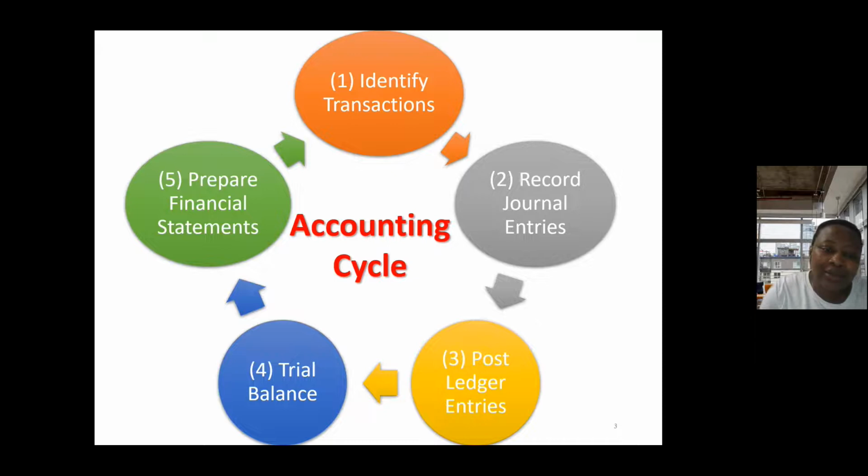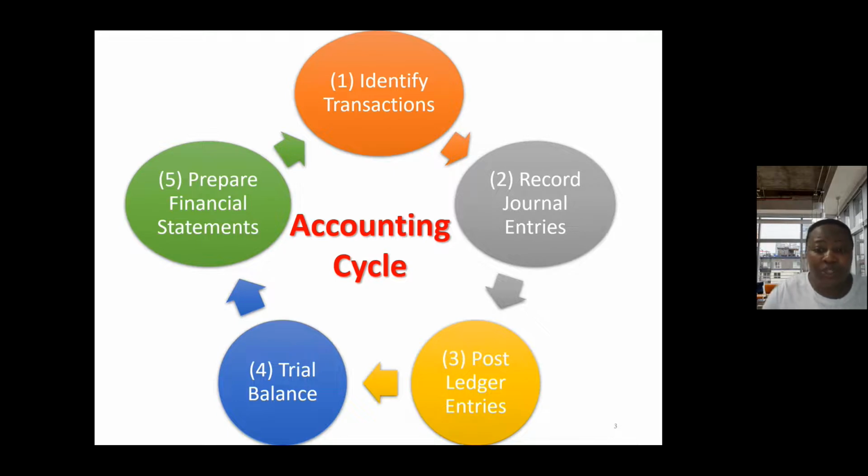When we say the accounting cycle, if you haven't watched the first video on the accounting equation, the introduction to accounting, please go to that video and watch it, because it would be a very useful basis for this recording.